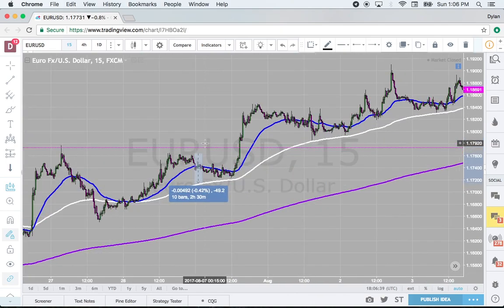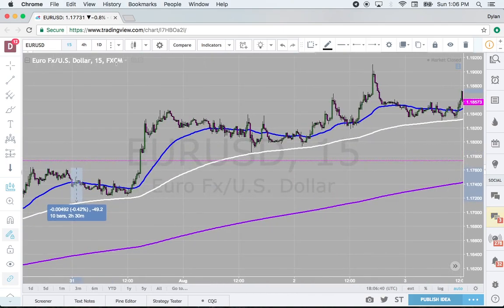Now remember, guys, these are just averages in price. Price is moving itself, and then the indicators are updating based on fractions and past movements and past averages being played out, and that's why these lines are appearing where they're appearing.